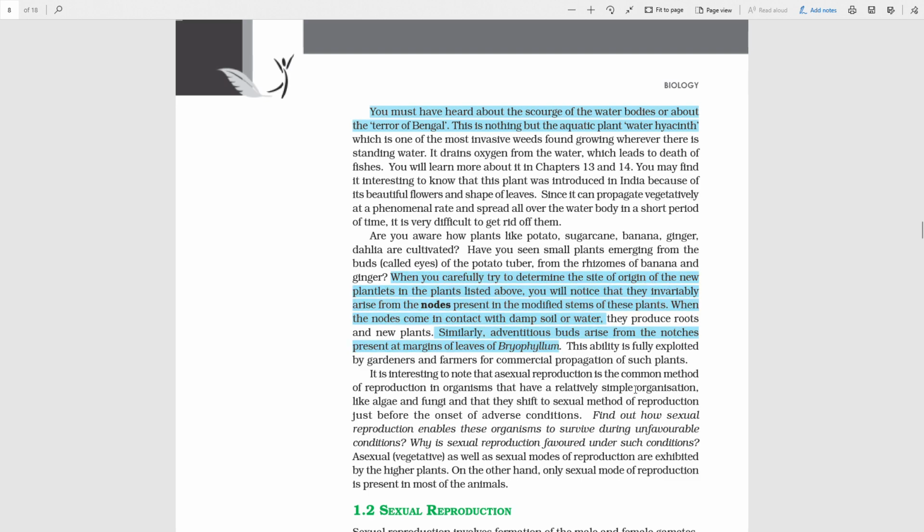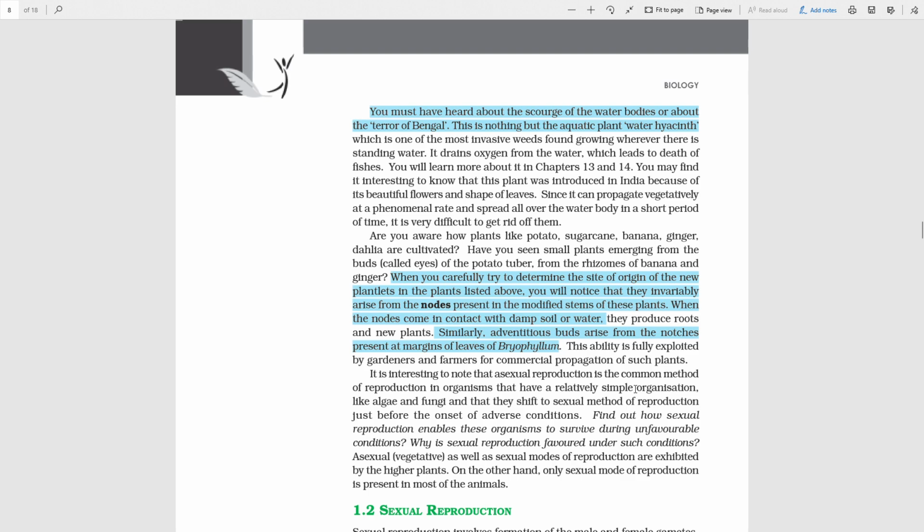This ability is fully exploited by gardeners and farmers. Not basically Indian farmers, all the people around the world have been using natural resources for our own benefit, and we are exploiting them, like hens in captivity in the poultry farm, and dairy management.